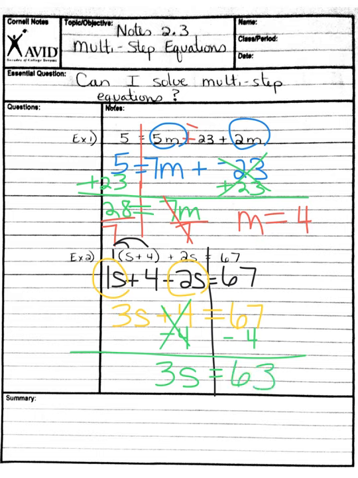Remember that 3s means 3 times s, and the inverse of multiplication is division. Whatever we do to one side, we want to make sure we do to the other. We want the s all by itself, so we want to divide by the 3. So we get 1s equals, and 63 divided by 3 is 21.